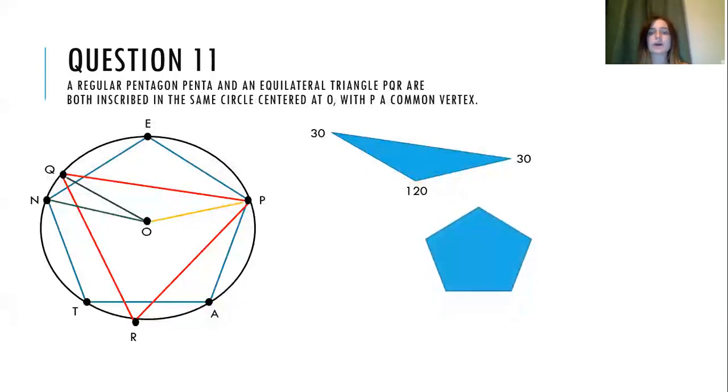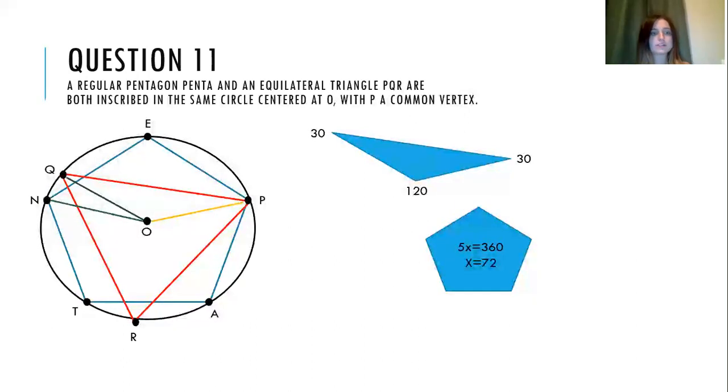And next we are going to find our measurements for our pentagon. The reason we have to do this is because our blue triangle and angle NOQ are touching 2 points of our pentagon. So let's find the measurements. We would do 5x equals 360, and 360 divided by 5 is 72. So our angles in our pentagon are equal to 72 degrees.